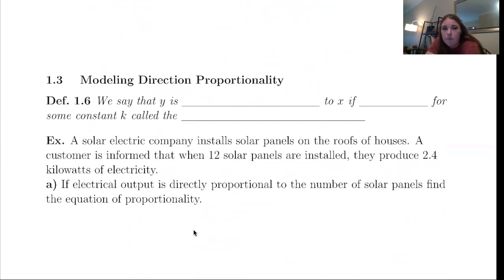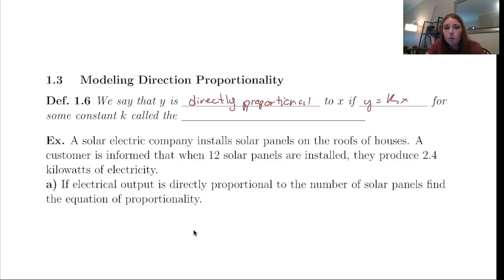So we say that y is directly proportional to x if y is just equal to some k times x.